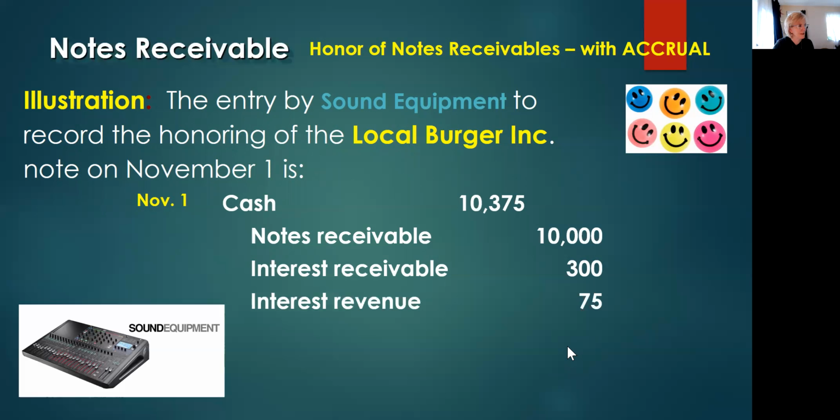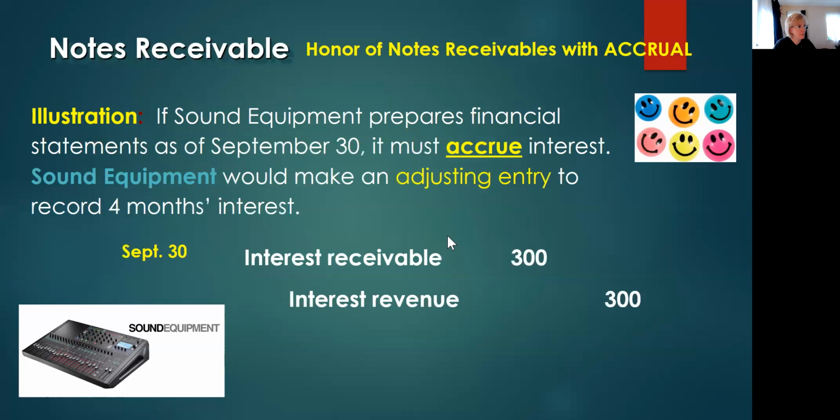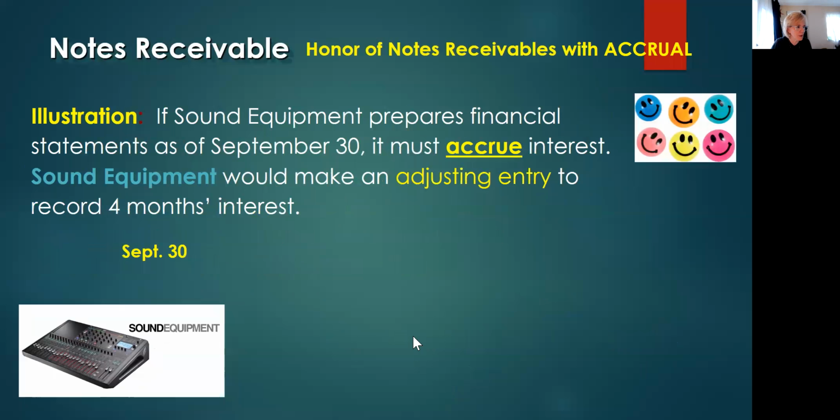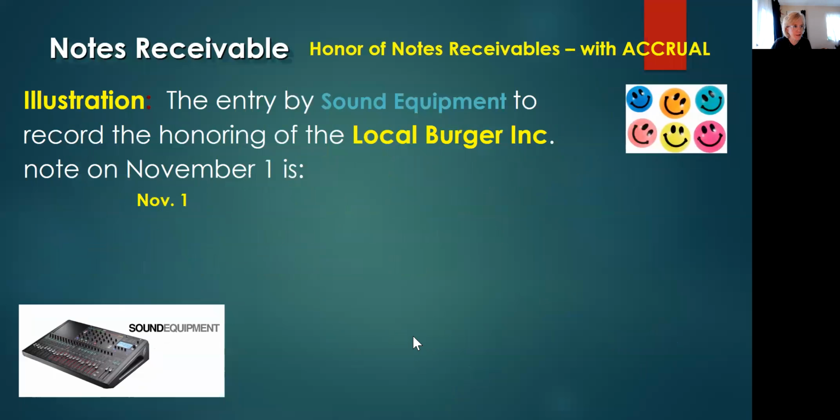Now, if we had done that September 30th financial statement, and now we're at the top of page 29, if we had done that, here's where we show honoring the note. Now, 2 slides back, I said, here's how we collect the note. But now I'm saying, what if you had to accrue the note as of September 30th?